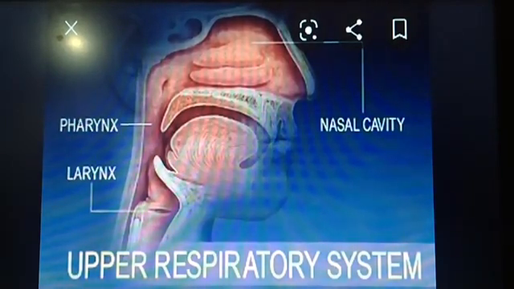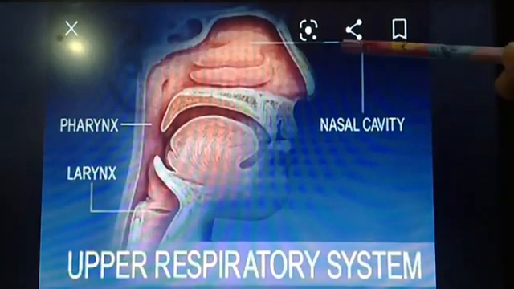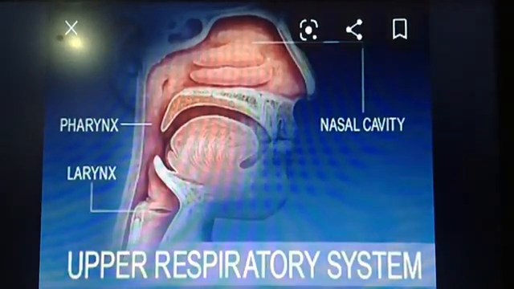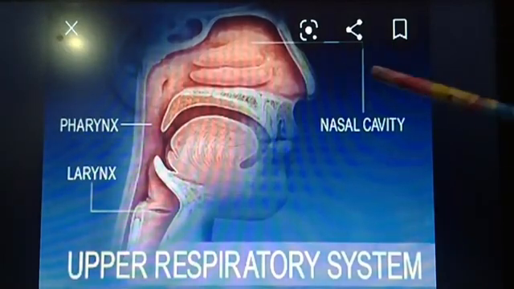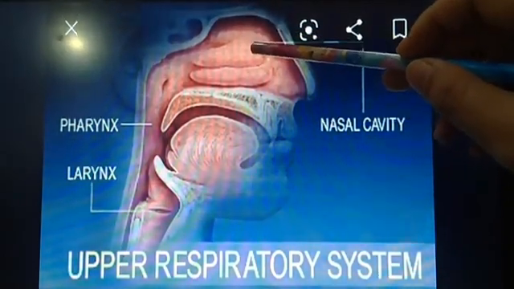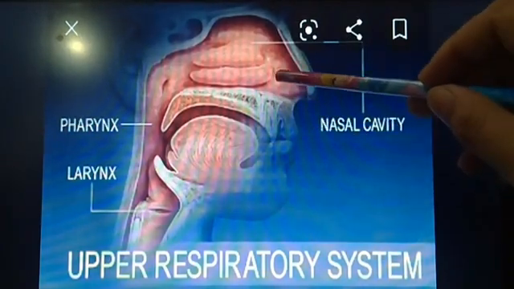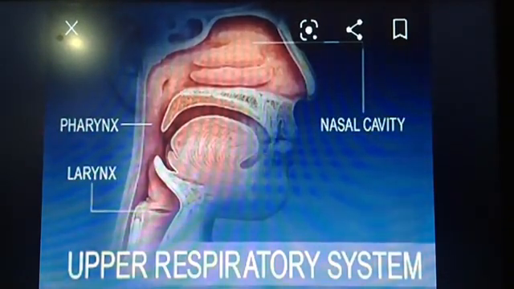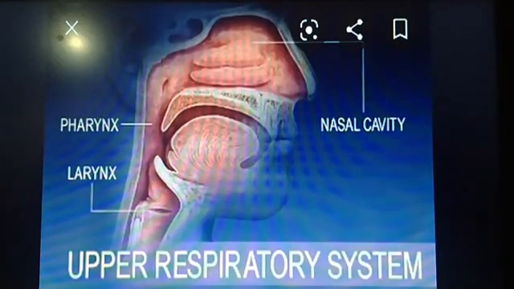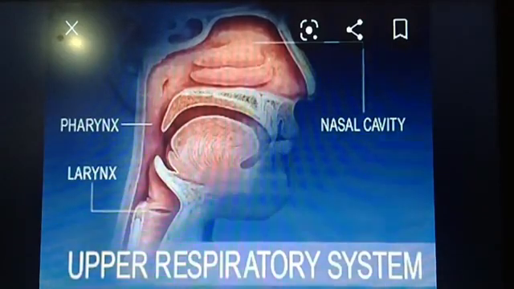The nose is the only part of the respiratory system that is visible externally. As air passes through the nasal cavity, mucus and hairs trap any particles in the air. The air is also warmed and moistened so it won't harm the delicate tissues of the lungs.